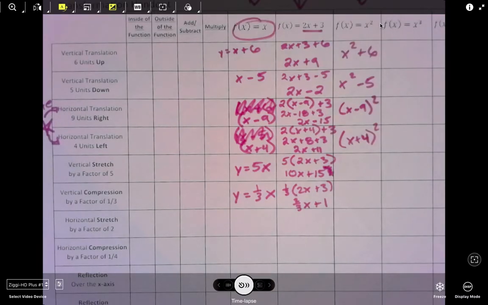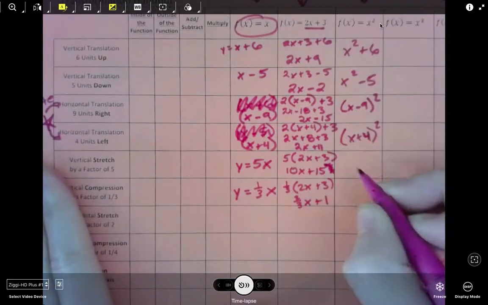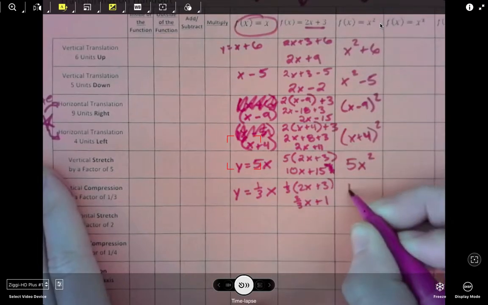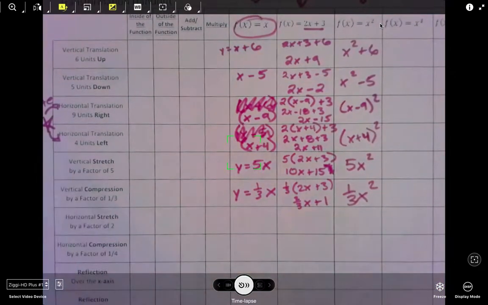The 1/3 is being tacked on to the very beginning, and you're multiplying those through. What does it look like with x squared? Take a guess. 5x squared and 1/3 x squared. Just tacked on at the very beginning. You're not actually squaring the 5, and you're not actually squaring the 1/3. That's what we're going to be doing next.